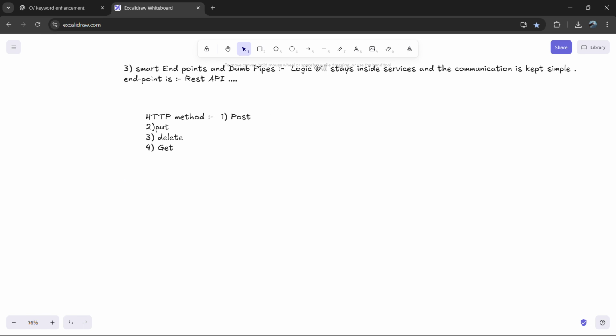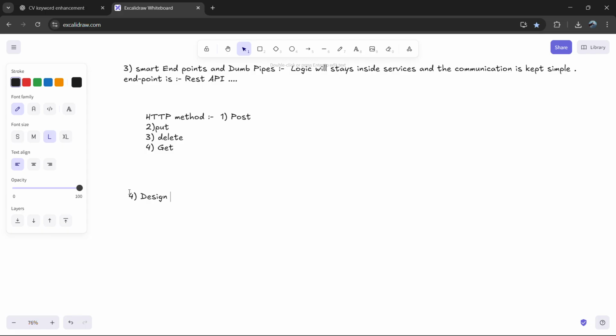So we will move to the next point, that is our fourth point. And what is the fourth point? The fourth point is design for failure. Design for failure is nothing but, if we explain, failures are natural in distributed systems.